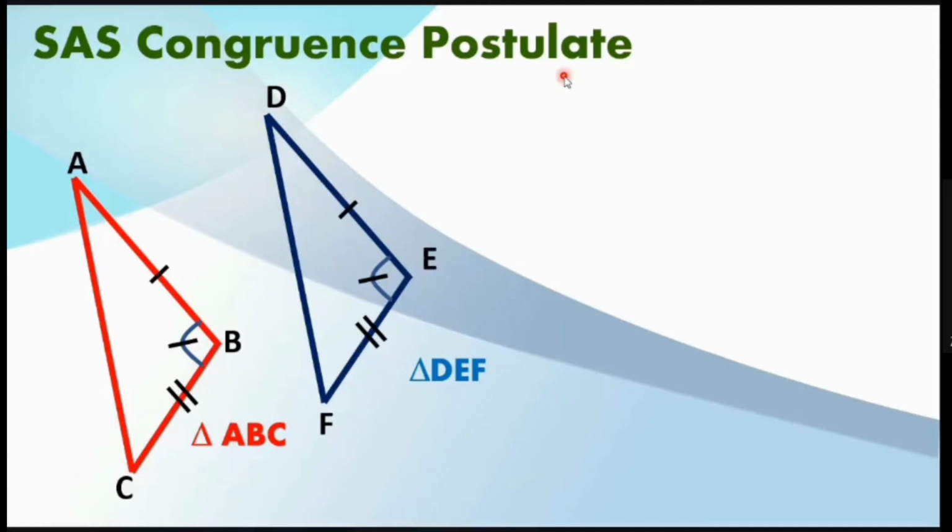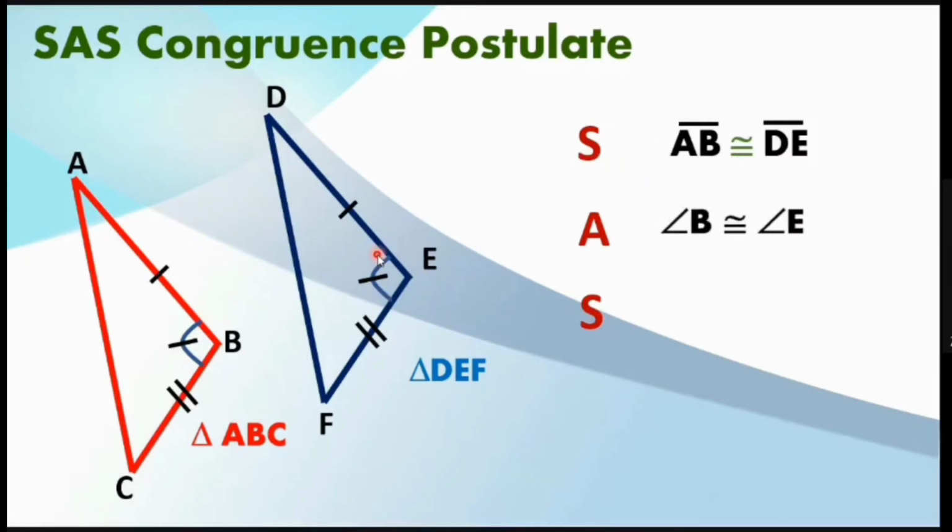Let us now enumerate the statements that would prove that the two triangles are congruent under SAS Congruence Postulate. The first corresponding parts here are side AB and side DE. So we can say that side AB is congruent to side DE. Second pair of corresponding parts are angle B and angle E. So we can say that angle B is congruent to angle E. And finally, we have side BC corresponds to side EF.